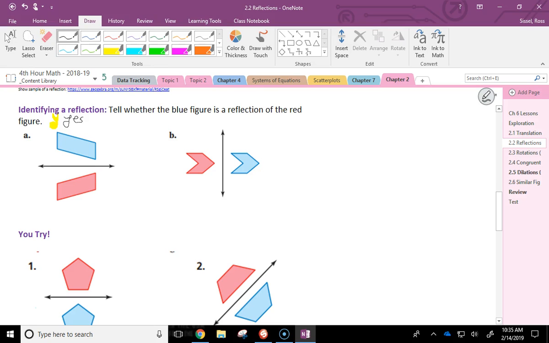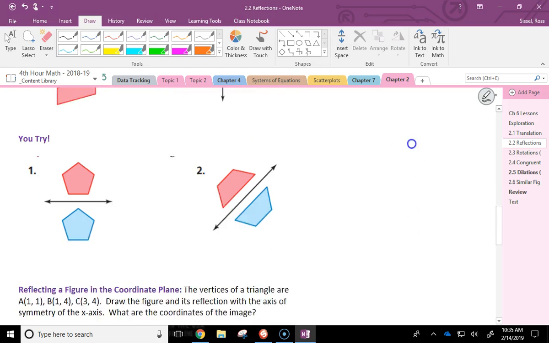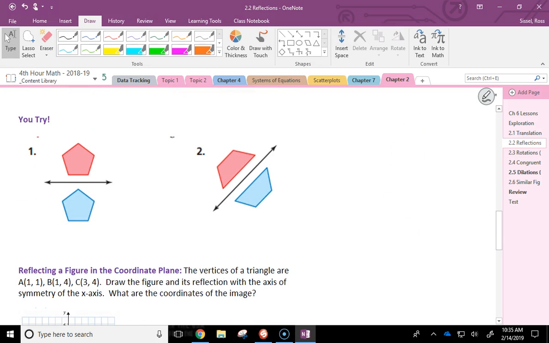I'm talking and you're just doing your own conversation. So we go to B. We see the line of symmetry or reflection is up and down, so I'm going this way. Would B be a reflection? No, this is a translation. How about number 1? No. How do you tell?